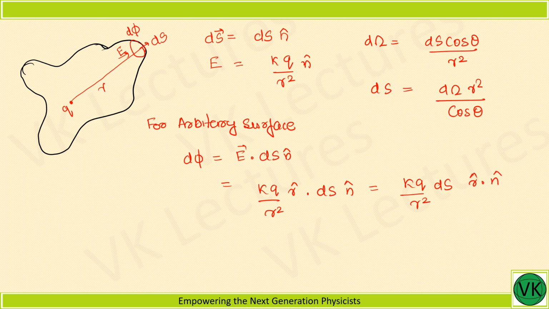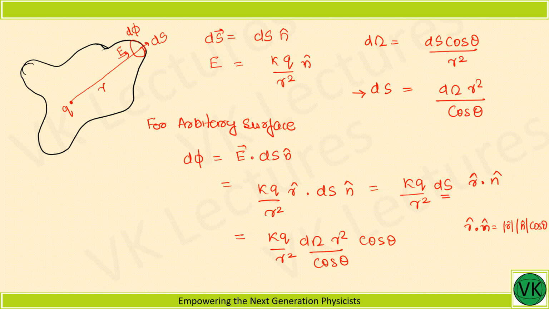Now, instead of ds, we can substitute ds from here, and that's equal to kq by r square. ds is equal to d omega r square divided by cos theta, and r cap dot n cap is nothing but cos theta, because r cap is a unit vector. r cap dot n cap equals magnitude of r cap into magnitude of n cap into cos of the angle between them, theta.